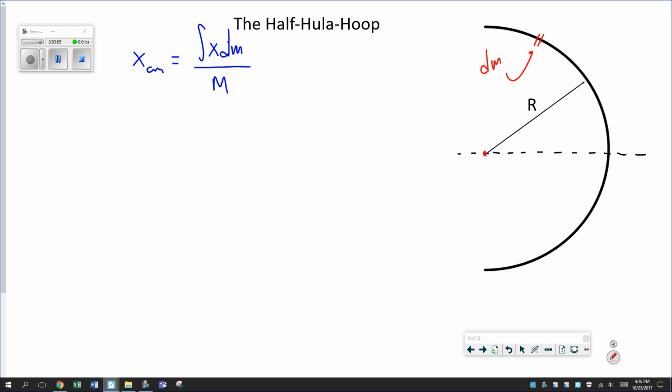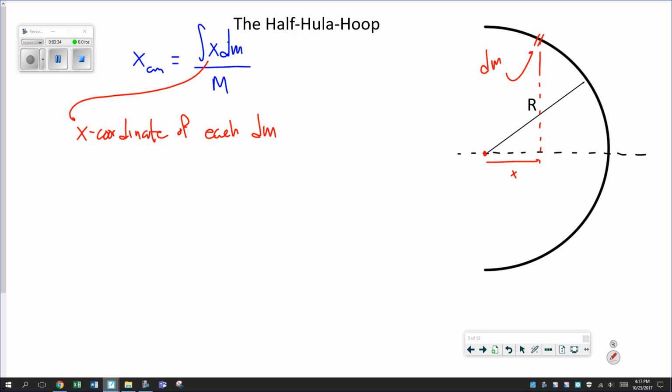Well, that's what this x refers to. This x refers to the x-coordinate of each dm. The x-coordinate of this dm is right here. This is my x for that dm.